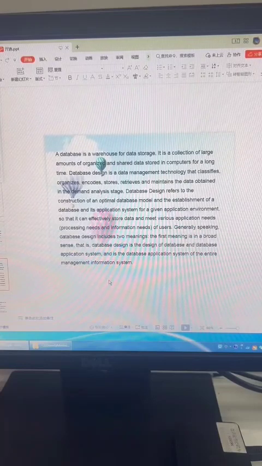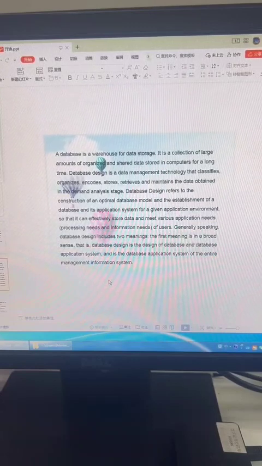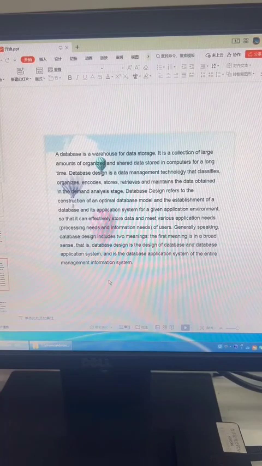Database design refers to the construction of an optimal database model and the establishment of a database and its application system for a given application environment, so that it can effectively store data and meet various application needs, processing needs, and information needs of users.